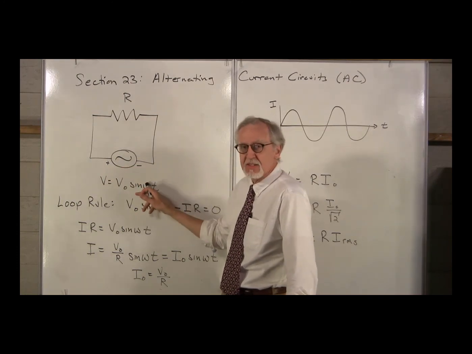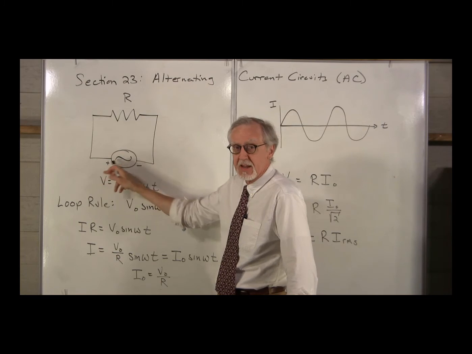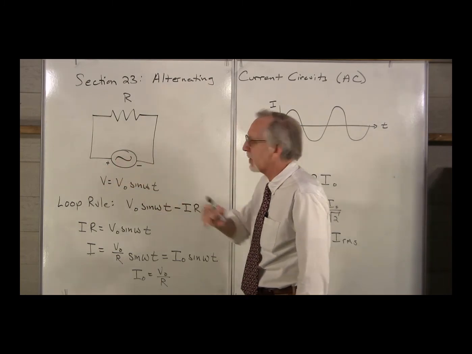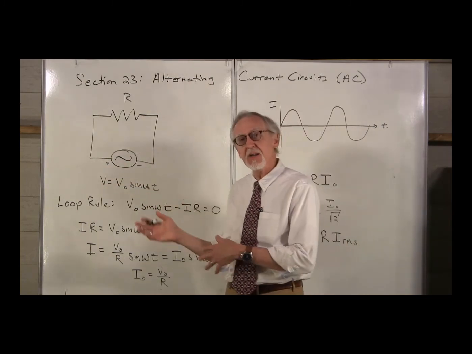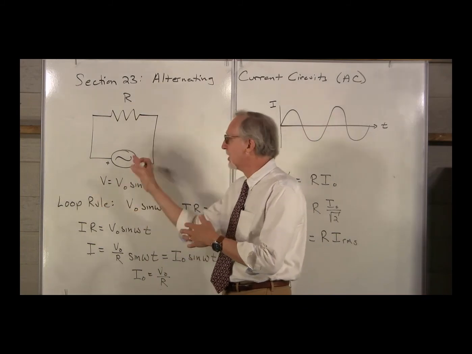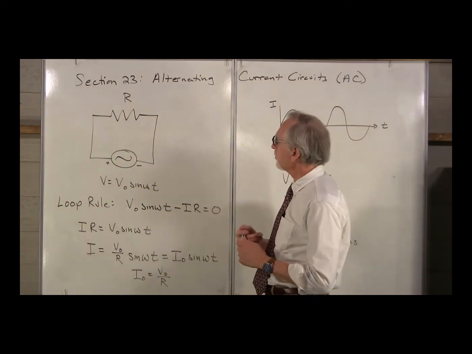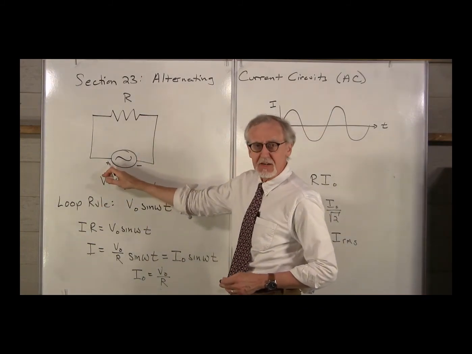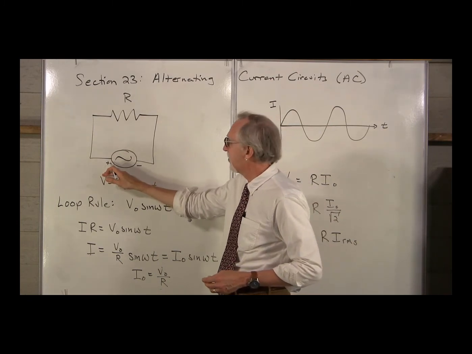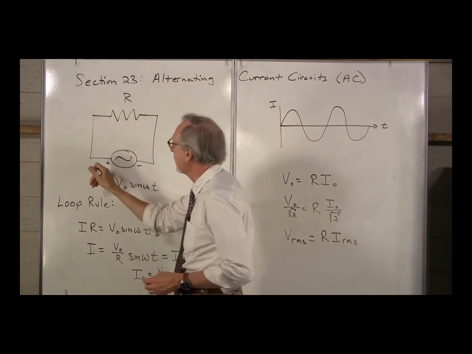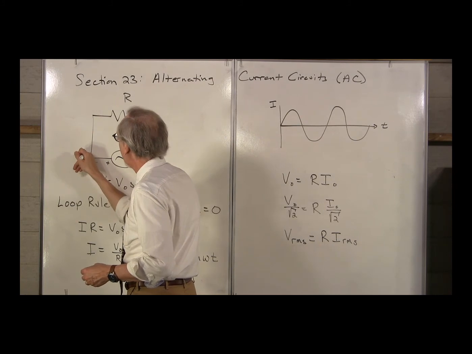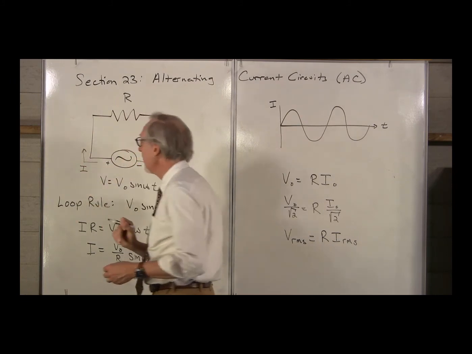And then on the other hand, when sine is negative, this side will be negative and this will be positive. But we'll typically just draw it this way, and keep in mind, whenever we have a negative voltage, everything is the other way around. For a positive side, high side of the voltage here, that's going to push the current out this way and give us a current in that direction.